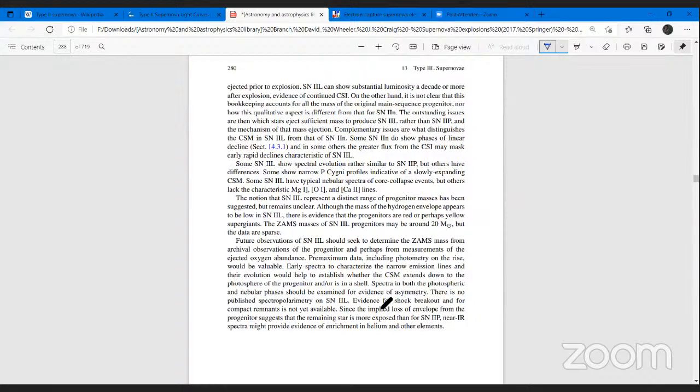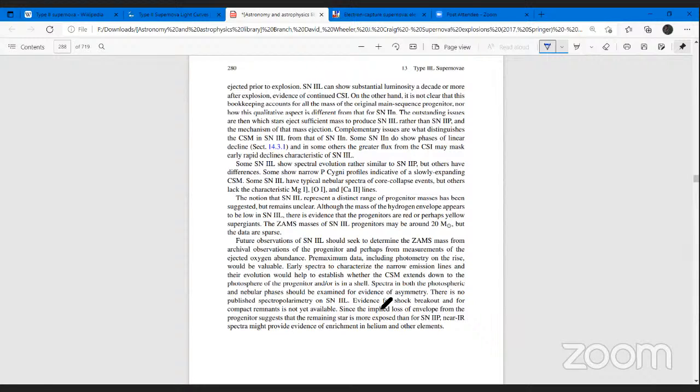Because for type 2P also we saw certain anomalies. Similarly for type 2L, we are defining a distinct range by definition, but the data is unclear. So although the mass of hydrogen appears to be low in type 2L, there is evidence that progenitors are red or perhaps yellow supergiants.